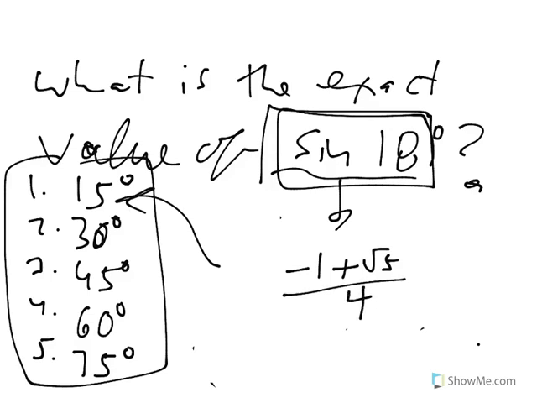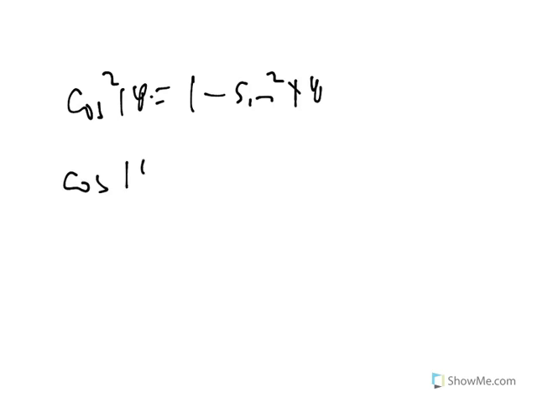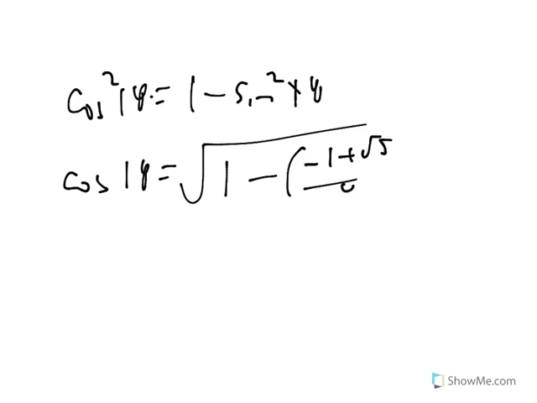With the sine of 18, it's possible to calculate out cosine 18. Maybe we say cosine squared 18 equals 1 minus sine squared 18. So cosine 18 is going to be the square root of 1 minus, now sine squared of 18 would be minus 1 plus square root of 5 over 4 squared.